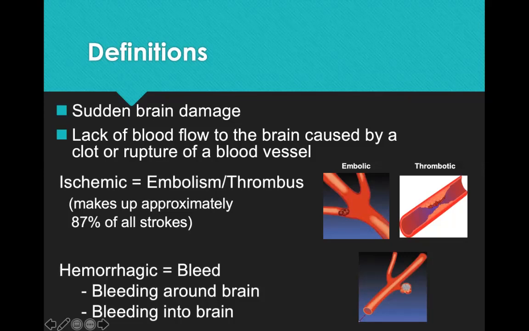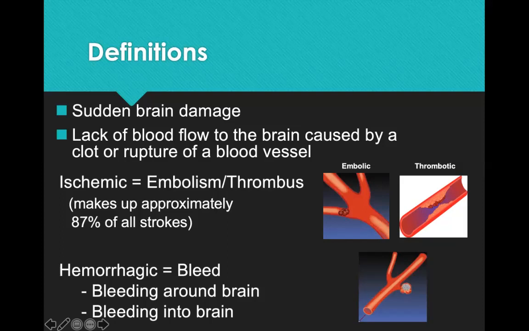A thrombus is a little bit different in that we have a buildup of plaque within our system. And what can end up happening with this buildup of plaque is that it's very fragile plaque often, and it can actually create a blood clot. So a thrombus is when a blood clot is now circulating around.